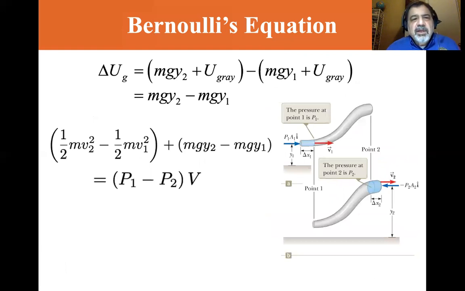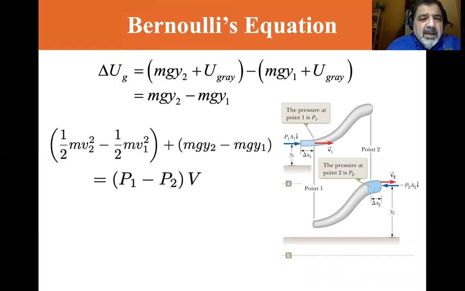Now if we consider the gravitational potential energy, we're going to get mgy2 plus the potential energy of the gray area, minus mgy1 plus the potential energy of the gray area. Again, assuming that the potential energy of the gray area is the same, we get mgy2 minus mgy1.